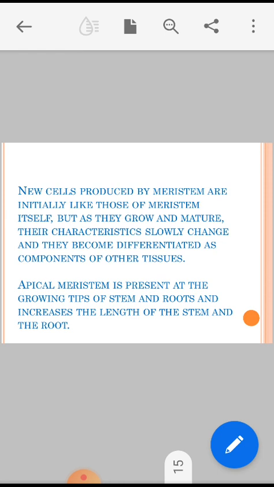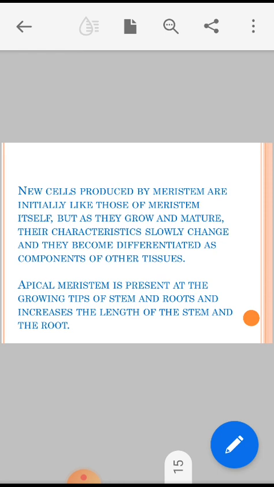Once they start growing, once they get matured, their characteristics change and they take the form of other tissues. So, apical meristem is present at the growing tip of the stem and roots and increases the length of the stem and root.